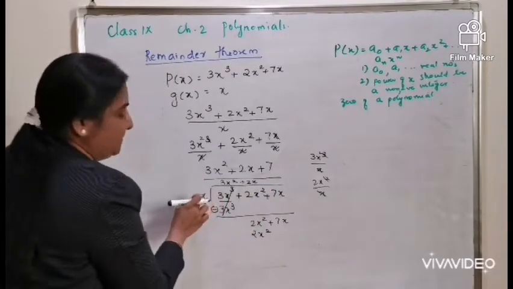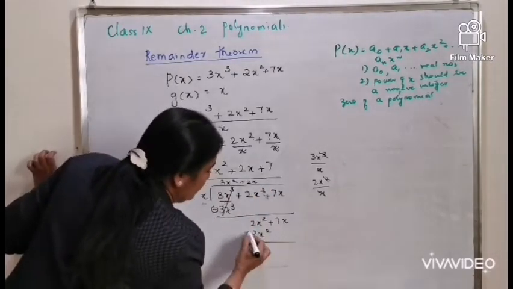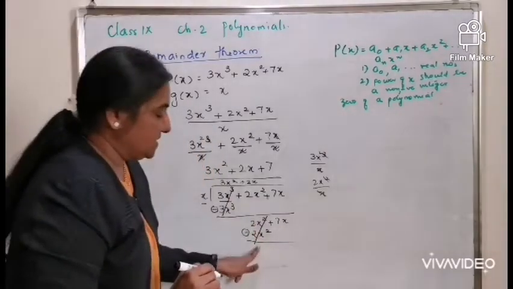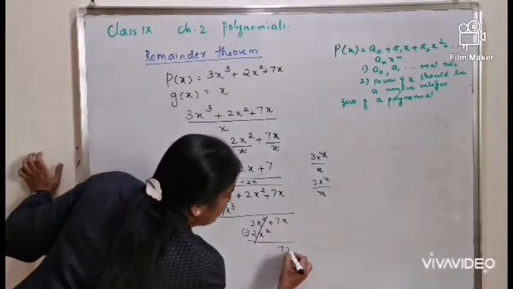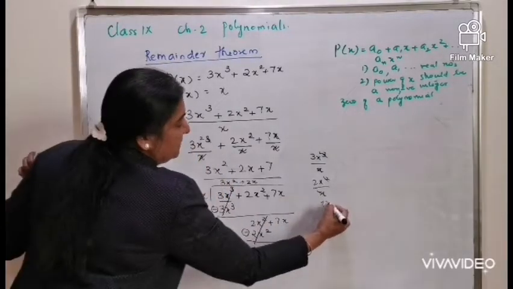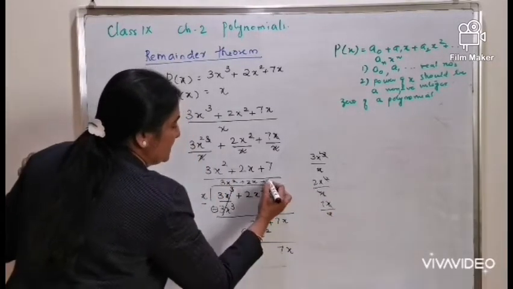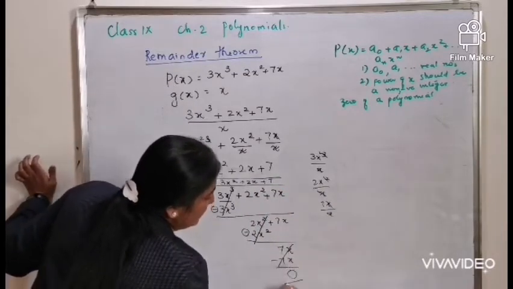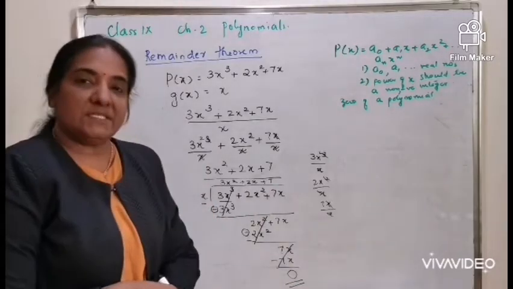Changing the sign, the subtraction gives 0. Then 7x divided by x gives you 7. Subtracting 7x, the remainder is 0.